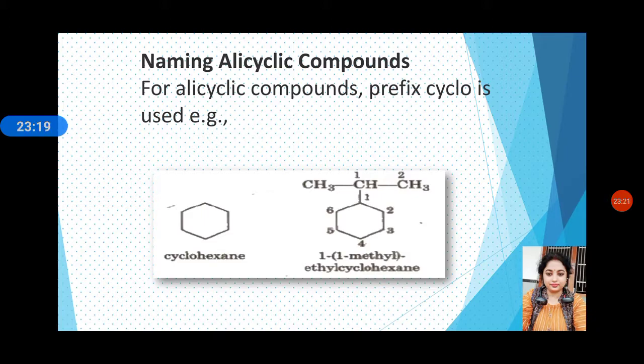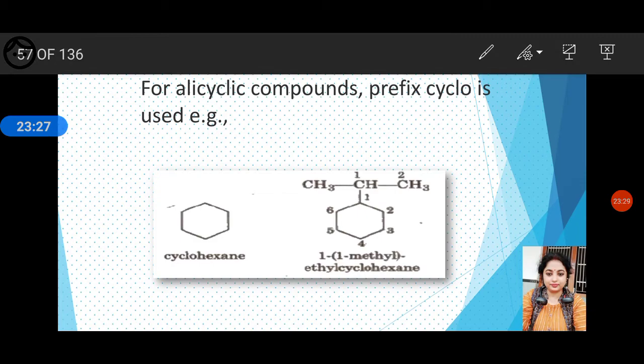When we do the naming of alicyclic compounds, we just use the prefix cyclo. See here, this is in a cyclic manner. It is hexane, and since it is cyclic, we will call it cyclohexane.